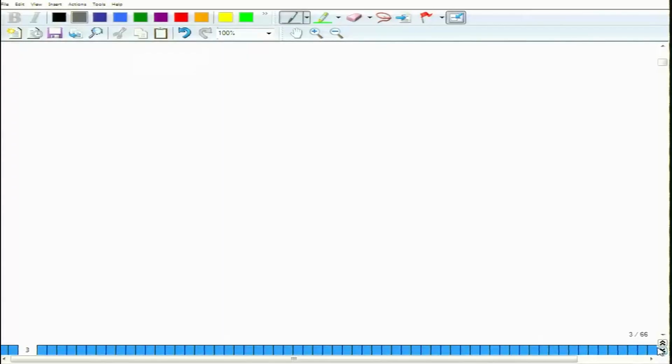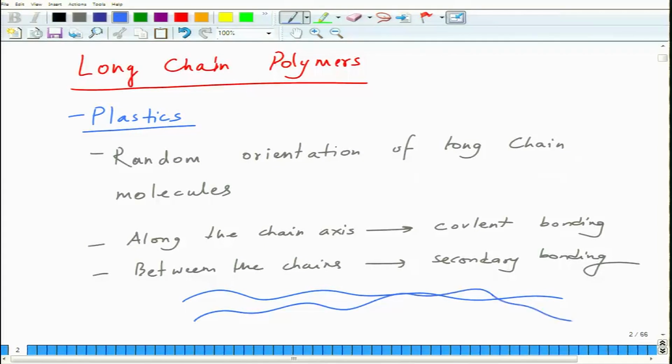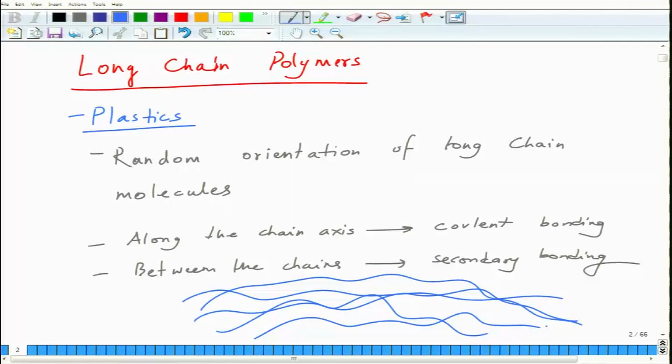The second category is called fibers. Fibers are basically aligned chains. In the previous case, the chains would be long chains, but random with respect to each other. There can be some cross linking, but they are random with respect to each other.